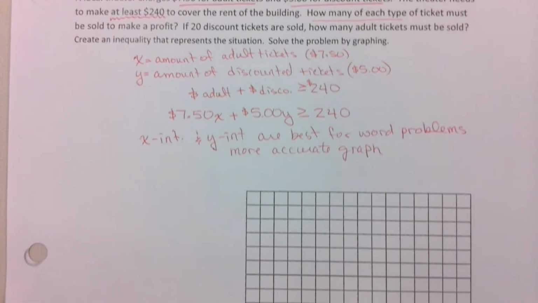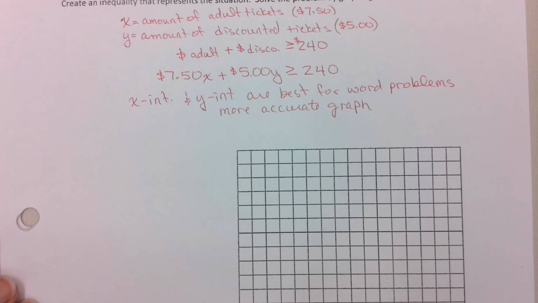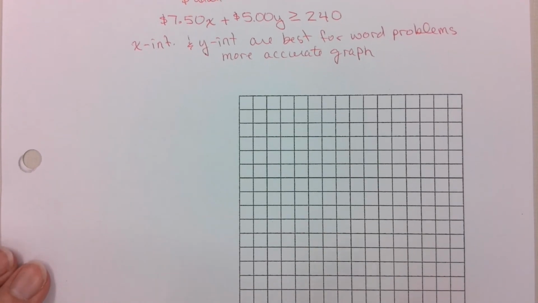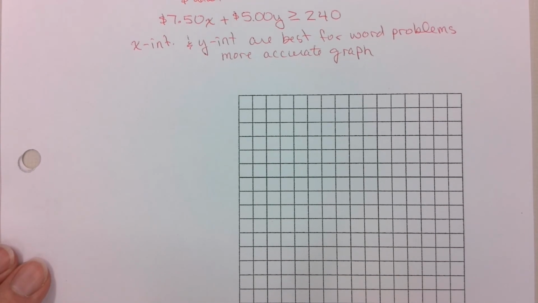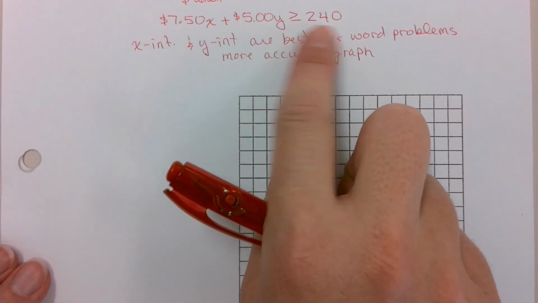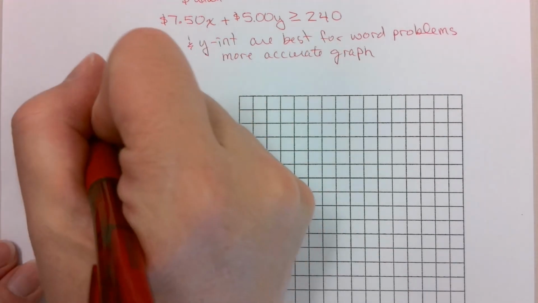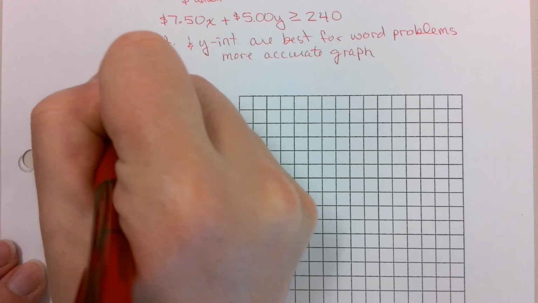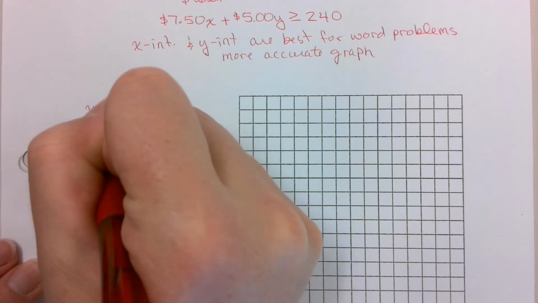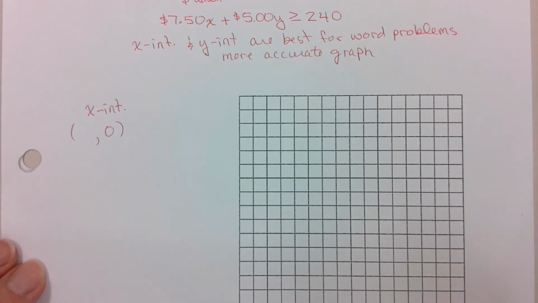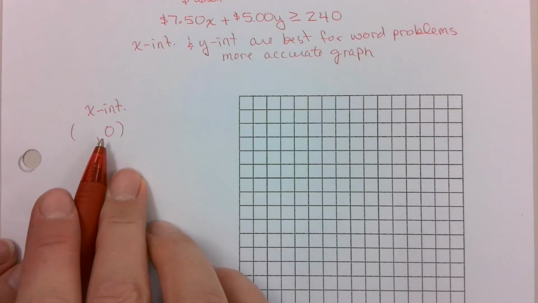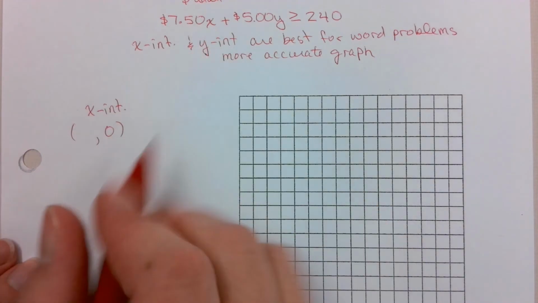Now I'm going to go ahead and slide this down. We're going to set up our graph, but before I even try to set up my graph, I need to see what kinds of numbers I have. 240 is much more than I need. So we're going to talk about our x-intercept. And I know that it's going to be an ordered pair with the y value being 0. And so I take that 0 and I plug it back into my original equation.